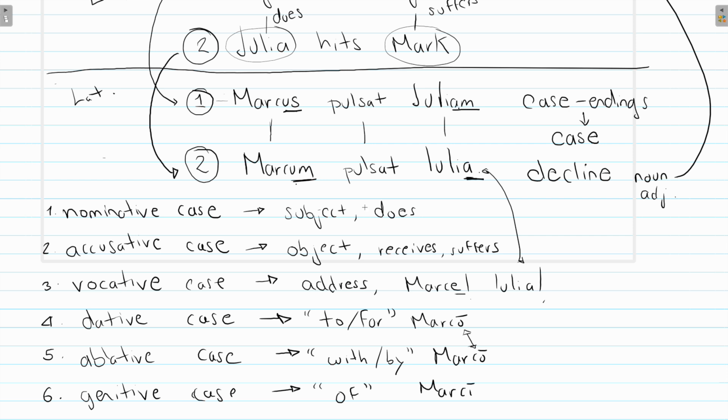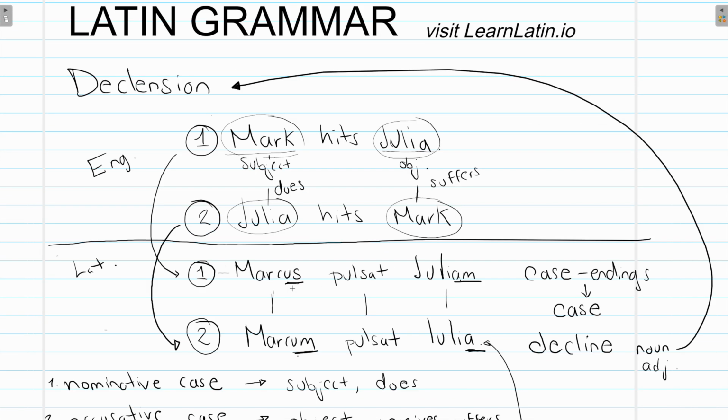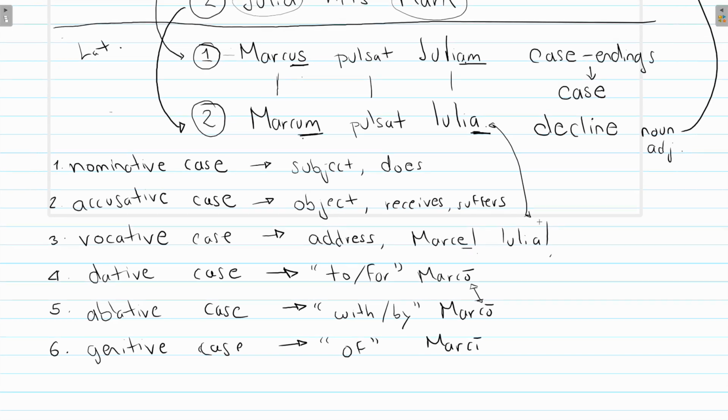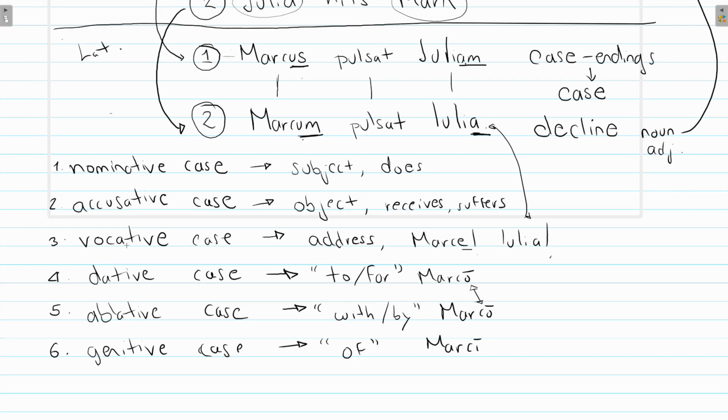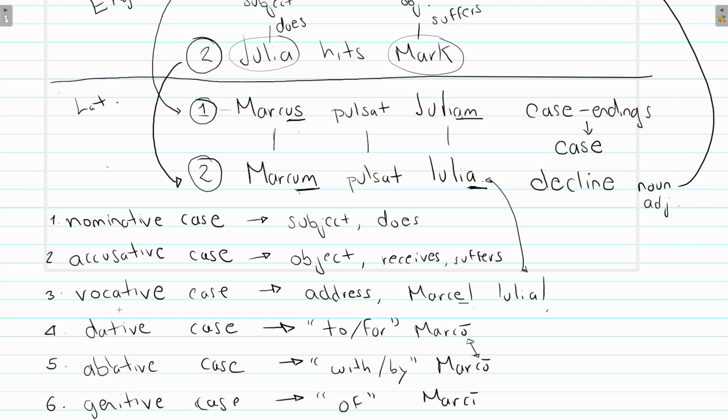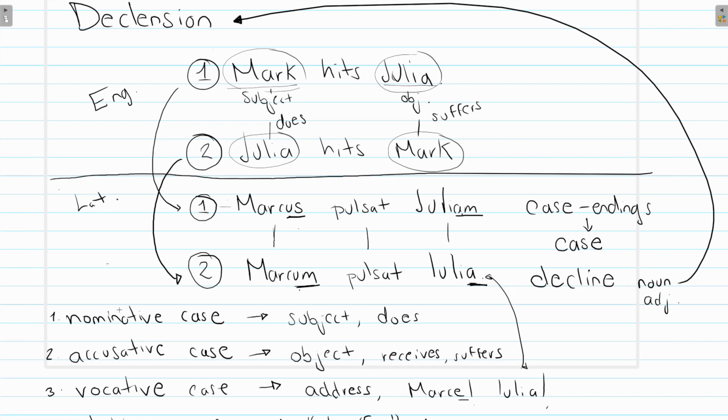So don't worry right now about all the endings that you will have to learn. Focus on the fact that in Latin, we decline nouns by changing their case endings to use the different 6 cases that exist in Latin for different functions of that noun or for that person or thing in the phrase.